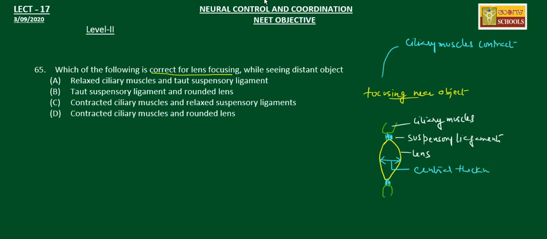So this central thickness will increase when ciliary muscles contract. This is what happens while focusing a near object.